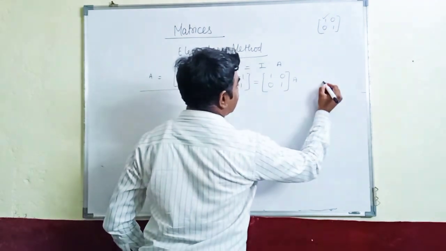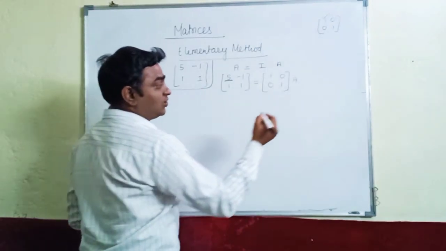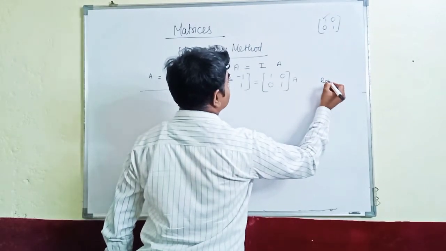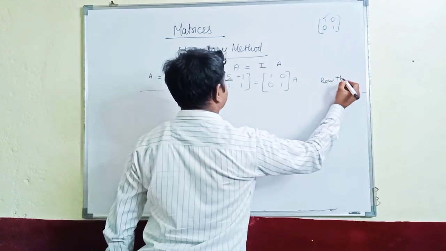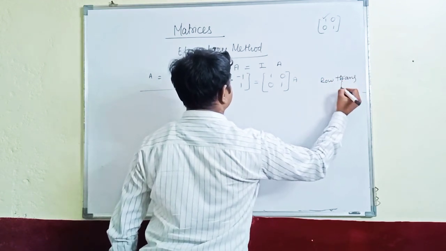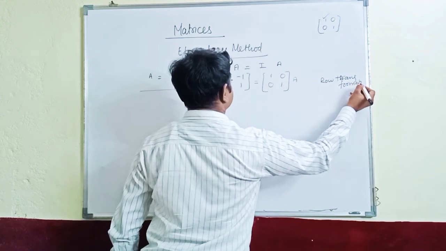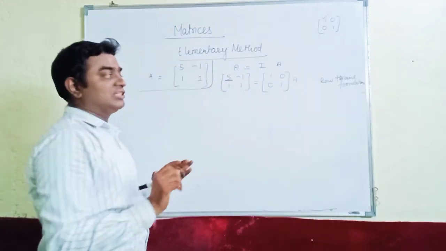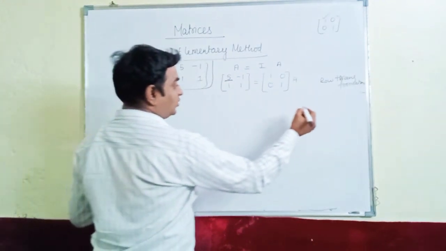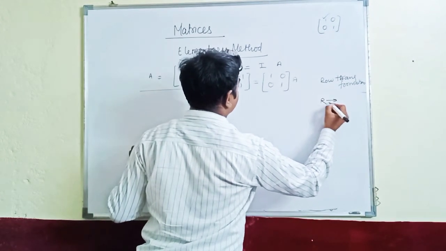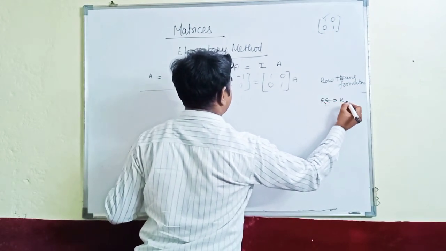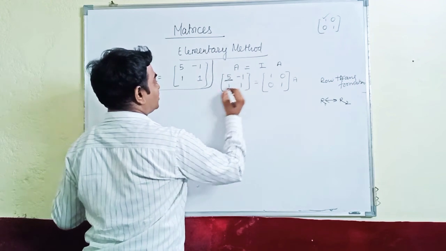Here I am going for the row transformation method. So we will apply the row transformation only. We will interchange row 1 and row 2. This is row 1, this is row 2.